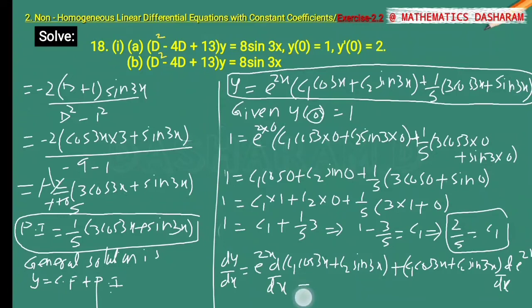Next, also the derivative of 1 by 5 bracket of 3 into derivative of cos 3x, which is minus sin 3x into 3, plus the derivative of sin 3x, which is cos 3x into 3.